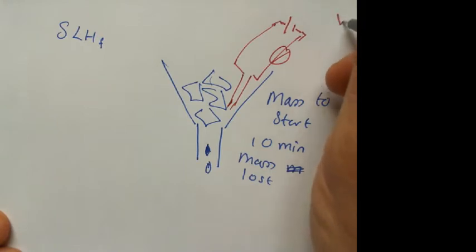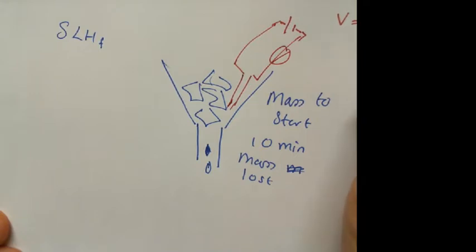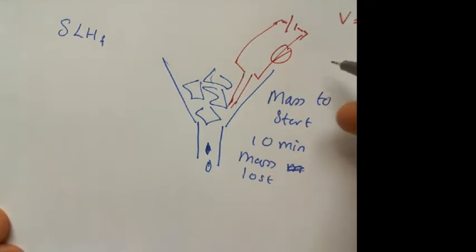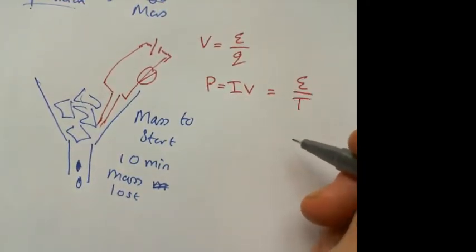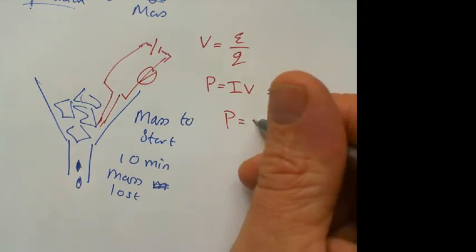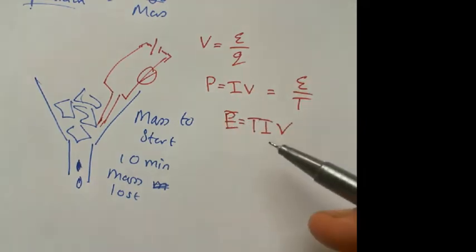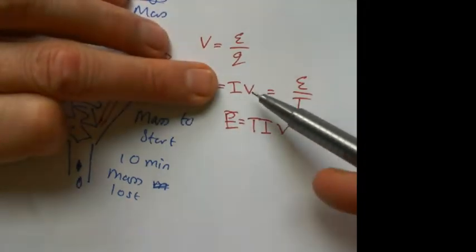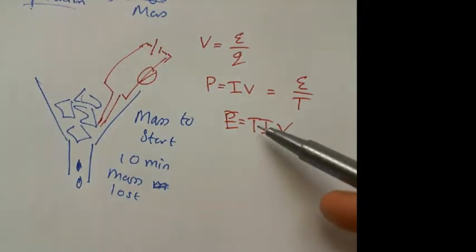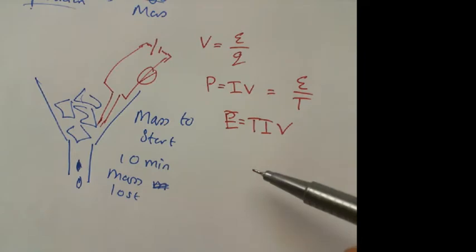So if I know that the voltage equals energy per unit charge, and power equals IV, which equals energy over time, I can work out how much energy I've given my circuit by doing E equals TIV, because all I've done is multiply the IV by time. So time times current times voltage will give me how much energy I've put into the circuit.